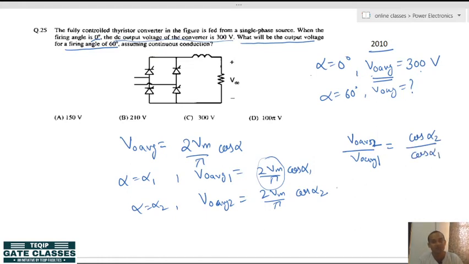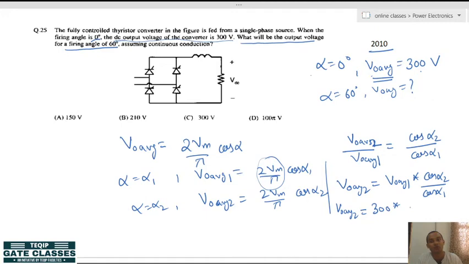Alright, so V naught average 2 will be V naught average 1 into cos alpha 2 upon cos alpha 1. So, just calculate V naught average 2 is equal to V naught average 1 is 300 multiplied by cos alpha 2. What is alpha 2? 60 degree. Cos 60 degree divided by cos 0 degree. So, cos 0 is 1.